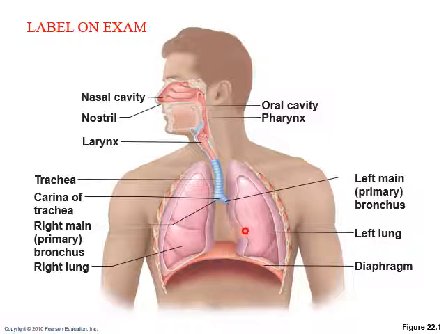You also notice that there's a little cutout, a little carve out here. What might go there? If you said the heart, you're right. Yeah, the heart takes up part of the space. There's not room for three lobes on this side. Plain and simple.